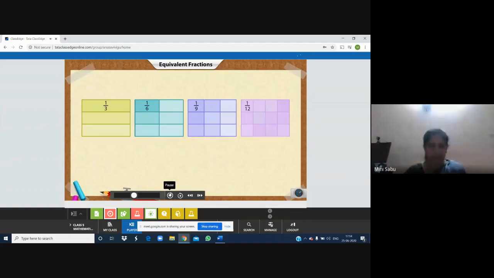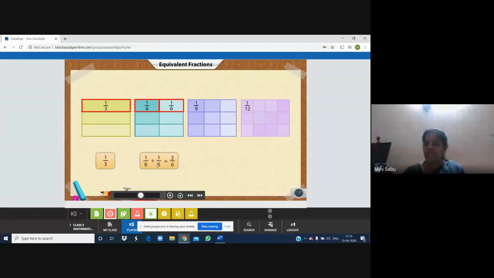Now we can see that 1 upon 3 in the first square is the same as 2 small boxes of 1 upon 6 in the second square. This means 1 upon 6 plus 1 upon 6, or 2 upon 6, in the second square is equal to 1 upon 3 in the first square. Yesterday I told you the fractions with the same denominator are called like fractions.